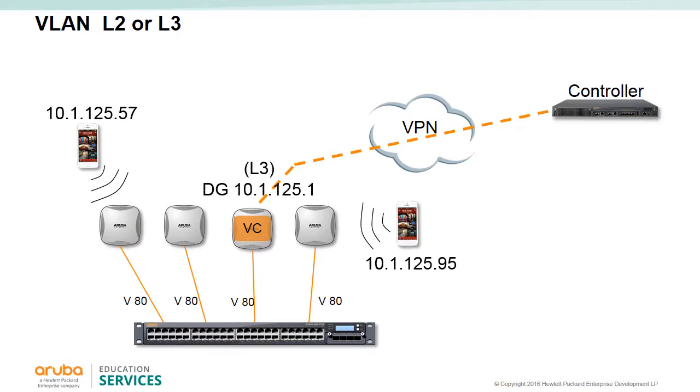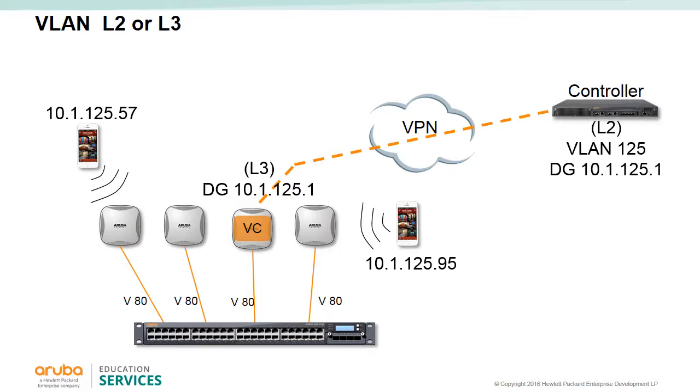If setting up L3, then the default gateway will be in the virtual controller. And if setting up L2, then the default gateway and VLAN must exist on the controller. But all the users will be placed into VLAN 125 and subnet 10.1.125. Therefore, for this to work, all IAPs in this cluster must also have access to VLAN 125.